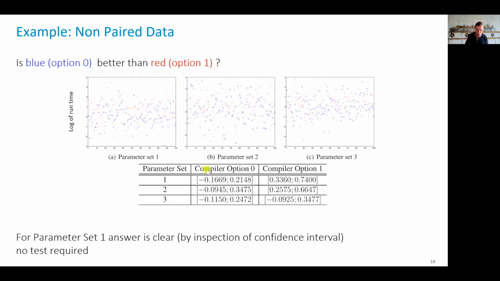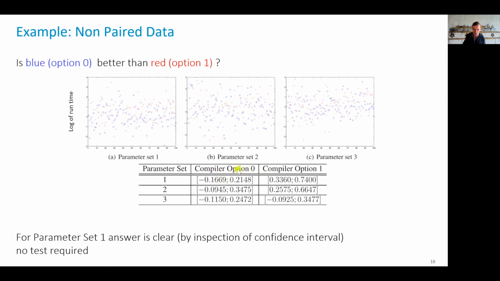So one way to do it is to look at a confidence interval, for example, for the mean or for the median, because now that the data looks reasonably Gaussian, both are probably giving similar results. If I compare the confidence intervals for parameter set 1 for this experiment here, then the answer is clear.